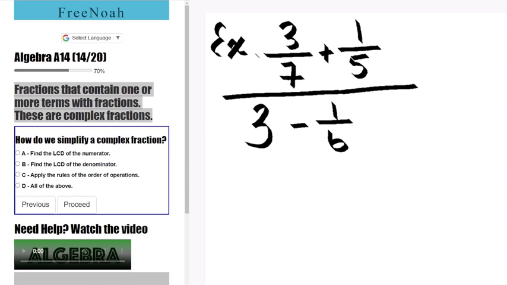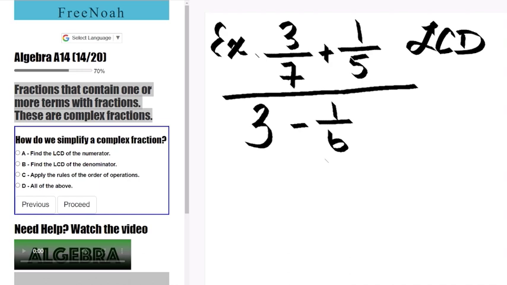So let's start with the numerator. We notice here that we have 7 and 5. What we need to do is find common denominators for the numerator and common denominators for the denominator. Two separate common denominators.